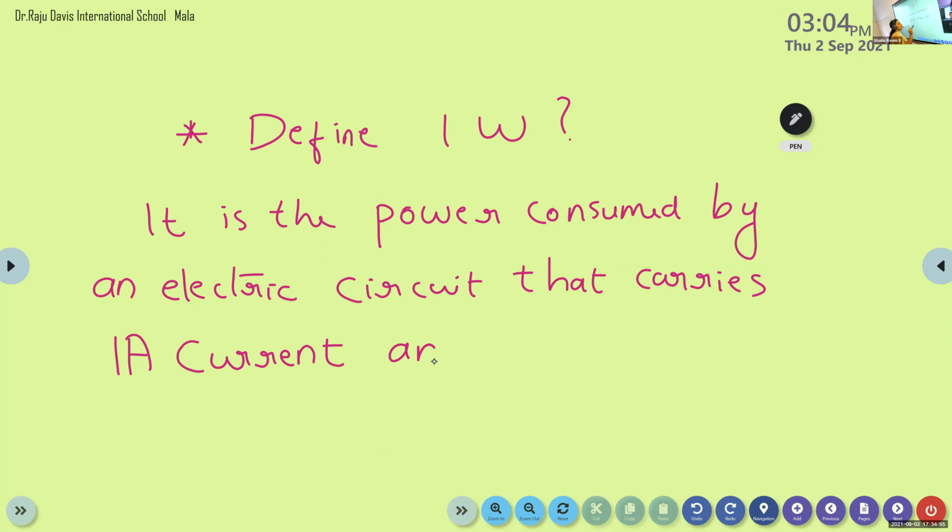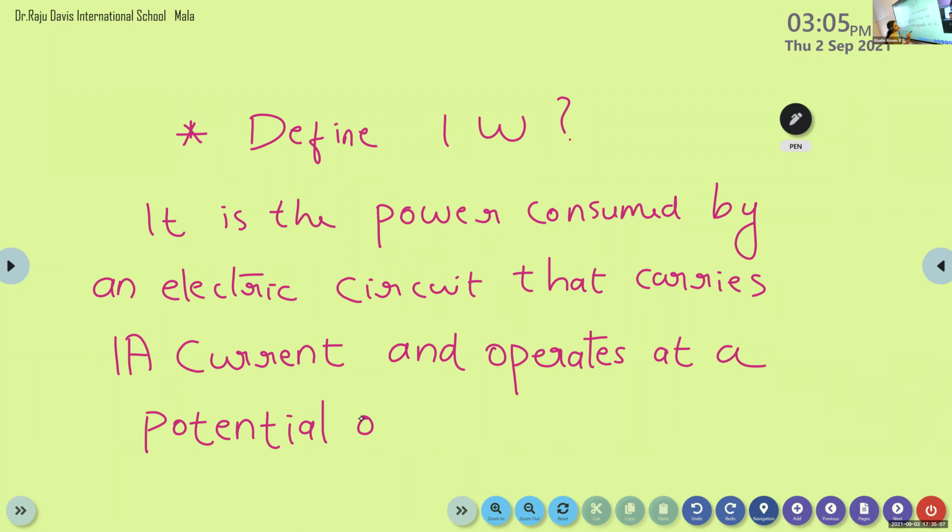That carries 1 ampere current and operates at a potential of, fill in the blank, 1 volt.